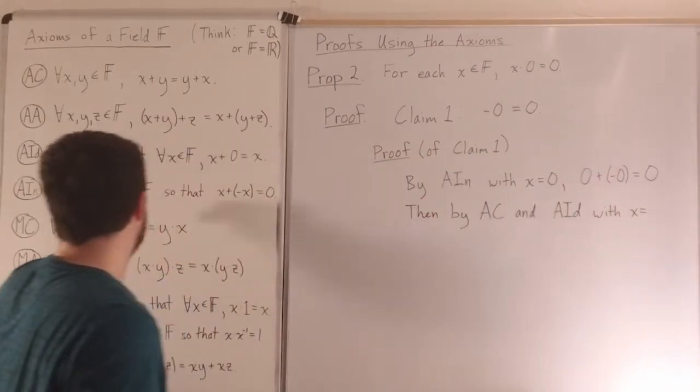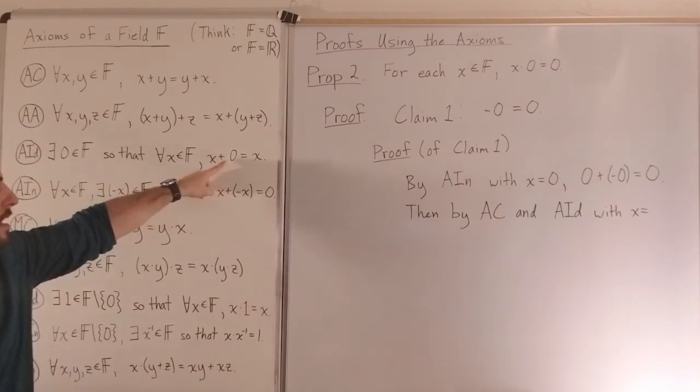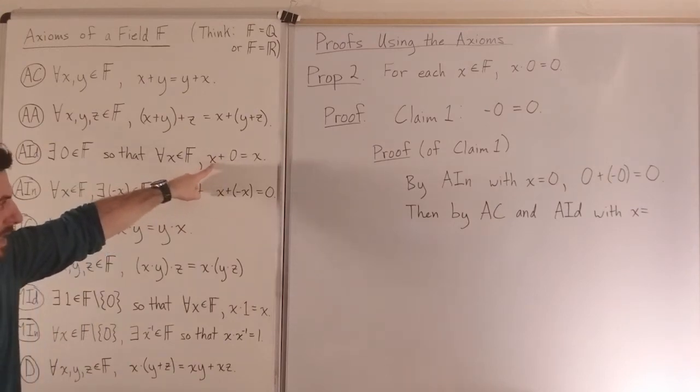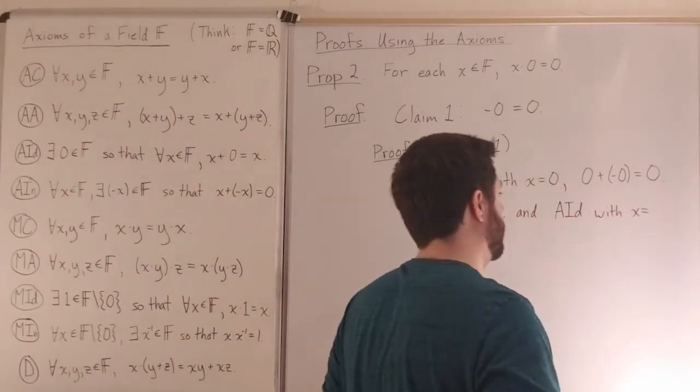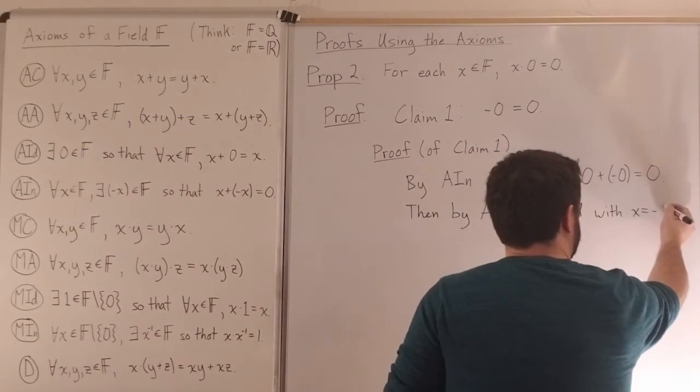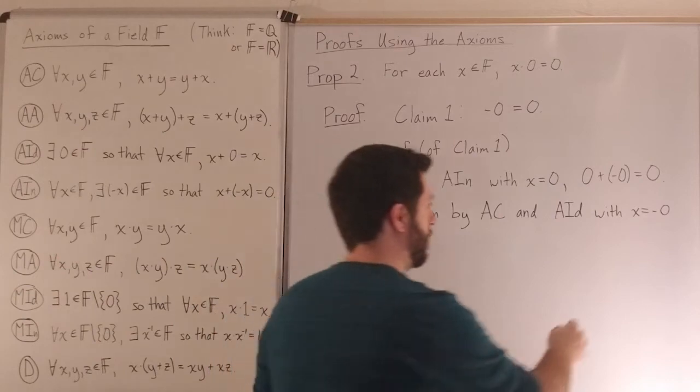So I'm using AID, the one that gives us this equation, which cancels out the plus 0. And so I want to specify which x I'm using here. And this x that I'm using is this non-zero thing, or it is 0, but not notationally. So x is equal to negative 0.